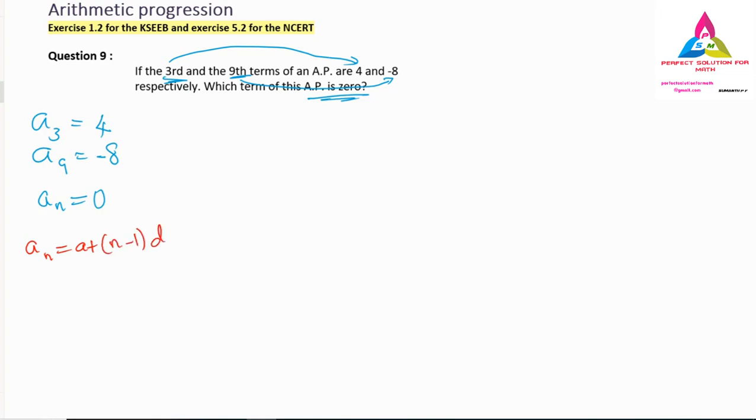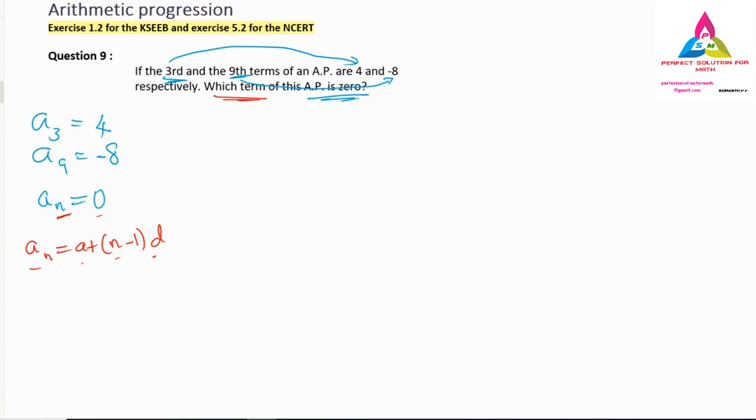But first of all we have to see here, an we know that is 0, a value we don't know, d value also we don't know, n value also we don't know, and they have told you to find which term is 0, means n value we have to find.